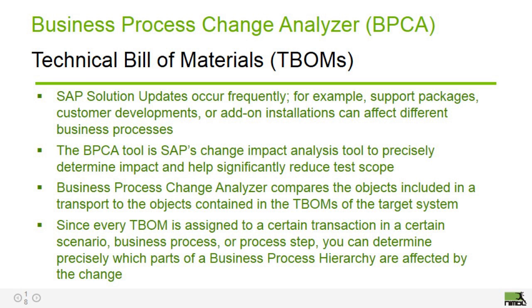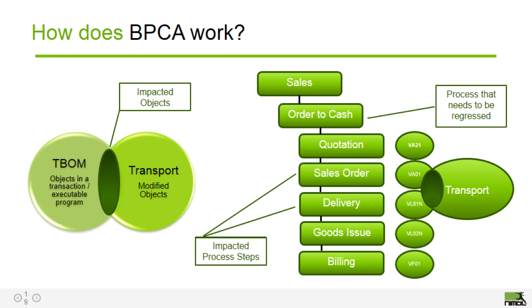Okay? We have what's known as TBOMs that you can create, a technical bill of material. And that technical bill of material is nothing but objects that go to make a transaction or an executable program. Okay? So let me explain this better with a little visual.